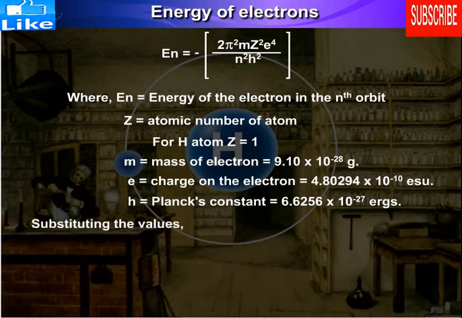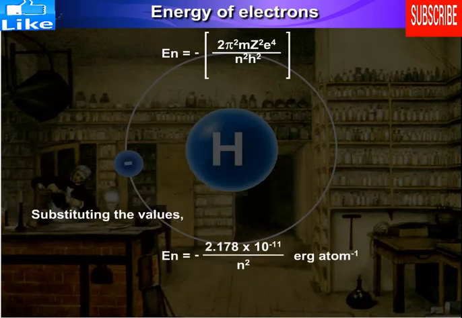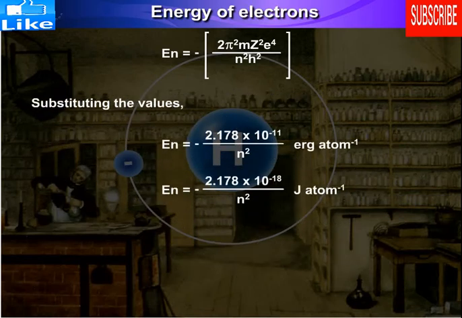Substituting the values, En equals minus 2.178 into 10 raised to minus 11 upon n square, erg per atom. En equals minus 2.178 into 10 raised to minus 18 upon n square, joule per atom.